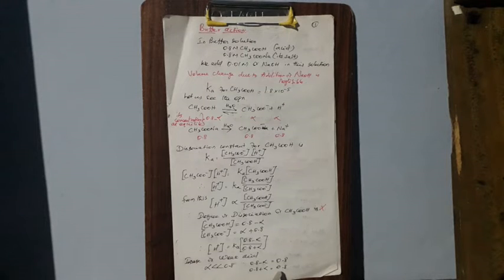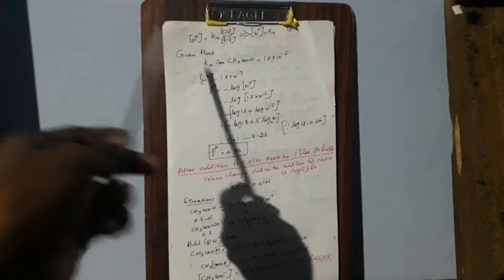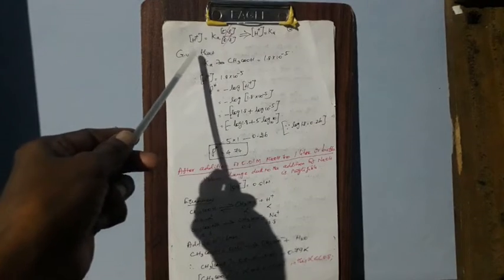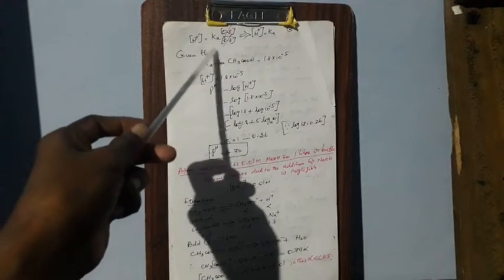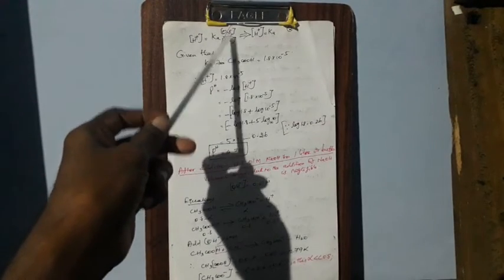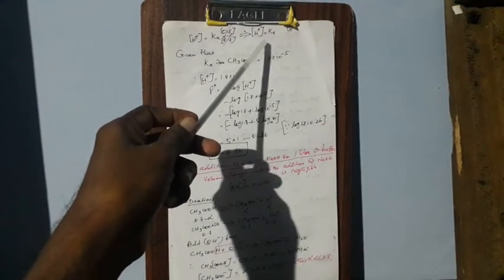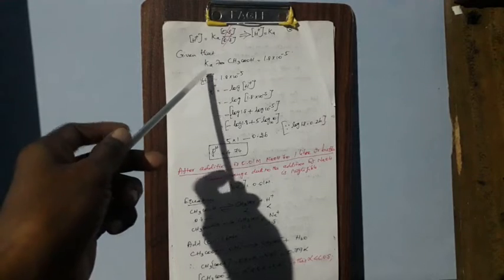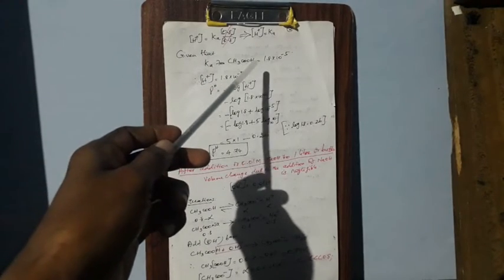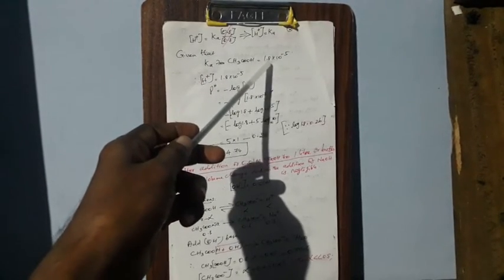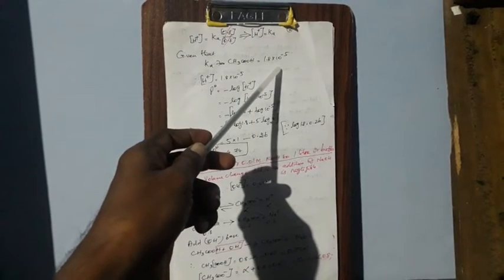Now next step, H plus is equal to Ka into 0.8 divided by 0.8, cancel it, and then H plus concentration is equal to Ka. Therefore, Ka for acetic acid is equal to 1.8 into 10 to the power of minus 5.